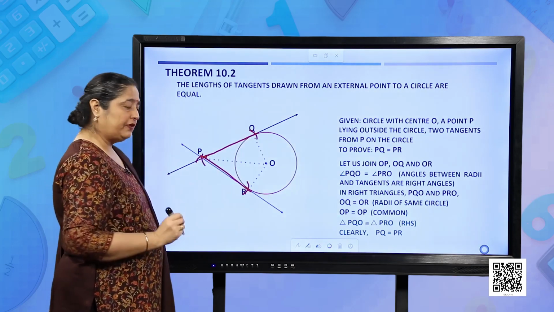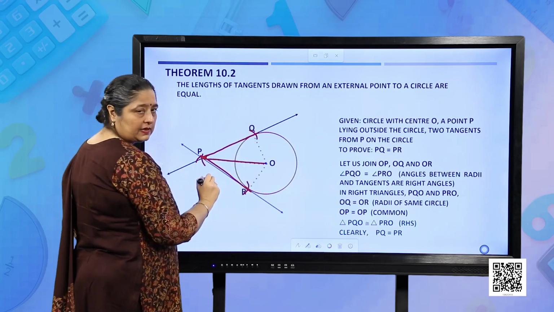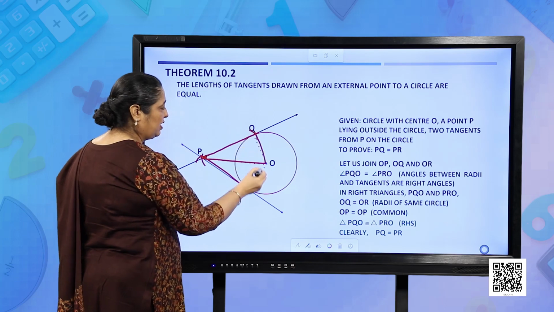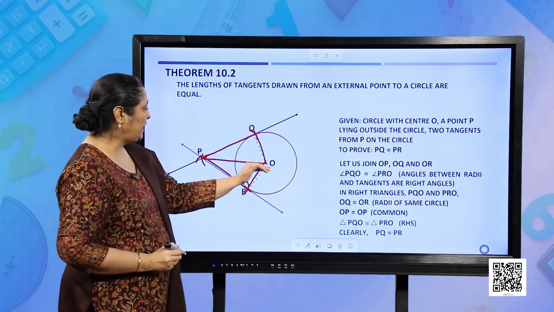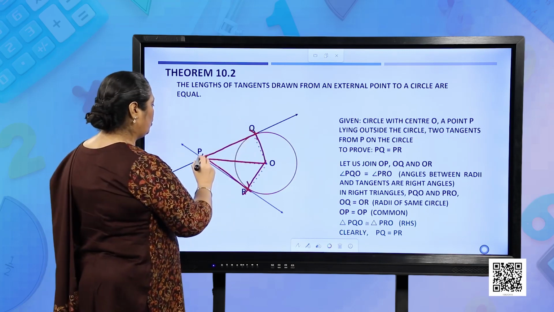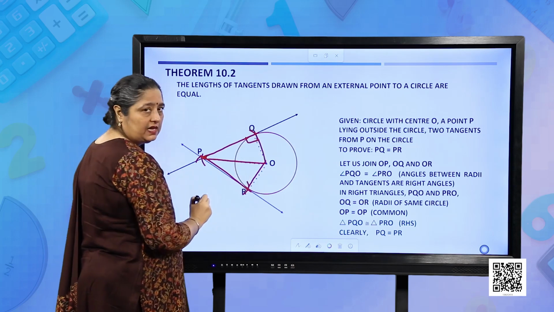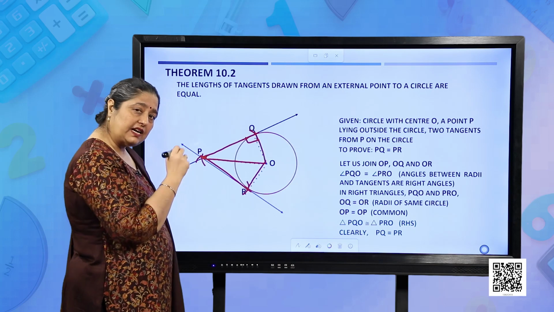The first step is let us join OP, let us join OQ and let us join OR, right. We are joining the three: OP, OQ and OR. Now, this angle PQO, what is this? This is a right angle. Why? We have studied earlier.